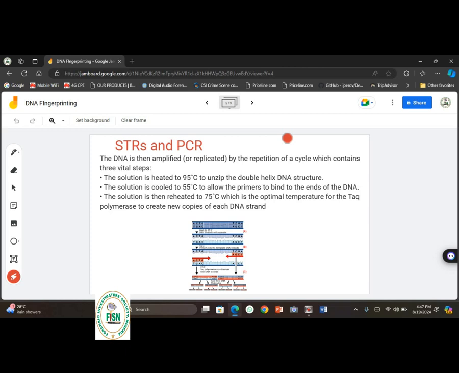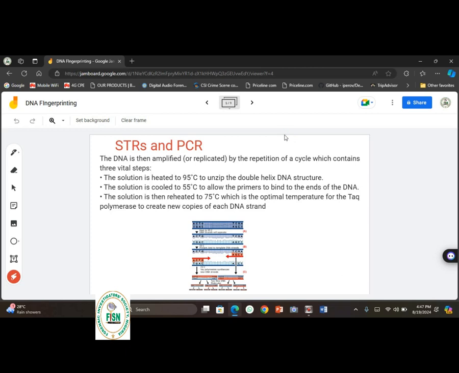Unlike VNTR, which analyzes minisatellites that have repeat sequences of 9 to 80 base pairs, STRs use microsatellites which have repeat sequences of only 2 to 5 base pairs, introducing the less is more philosophy to the world of DNA fingerprinting.